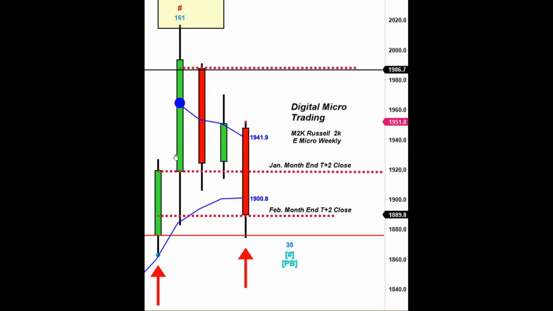2K weekly chart. Since we completed a week, let's just look at it. We just had the month-end T+2 close, and that level with this dotted line you can see right here, and the distance between that and the January month-end T+2 close. This was the candle that set the close for January on T+2, and the red candle here for February.